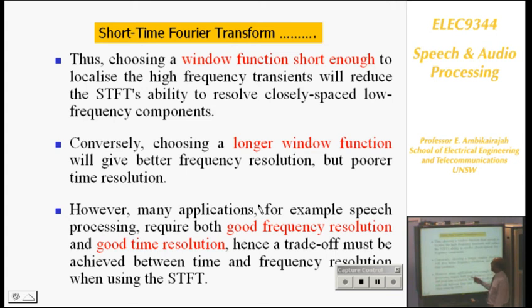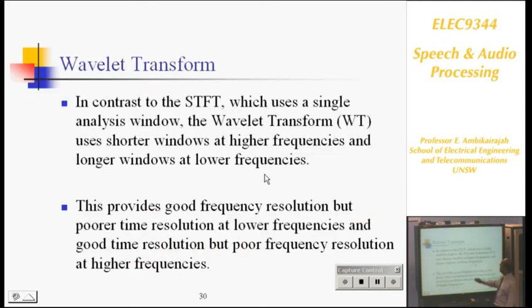Also we have said in short time Fourier transform, once you have fixed the window, frequency resolution is fixed, time resolution is fixed. So what we need is a good frequency resolution and a good time resolution, and we can use a wavelet transform to do that. So what's the wavelet transform?